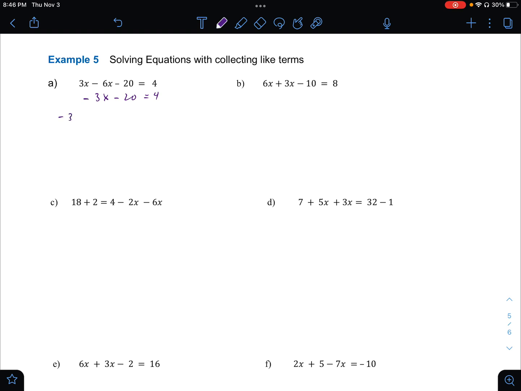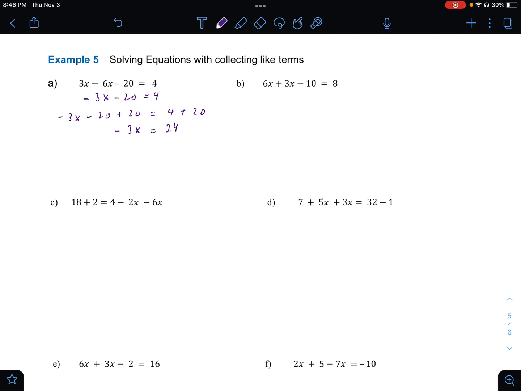Now what we want to do is get rid of the negative 20. So we perform the opposite operation on both sides. So we add 20 to both sides. And so we get negative 3x is equal to, so 4 plus 20 is 24.